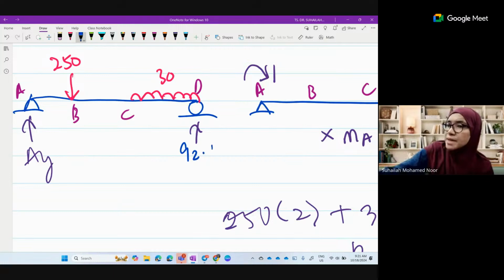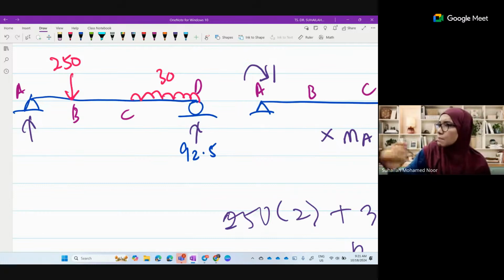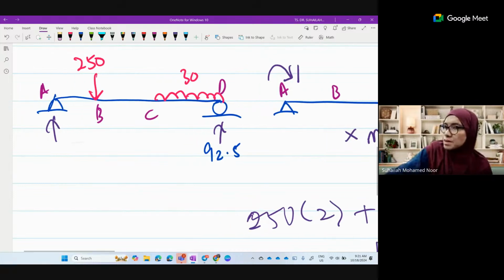Sini 92.5 DY. So AY tolak balik lah. 250, 30 kali 4, 120. Plus 250 tolak 92.5. Berapa nilai AY?